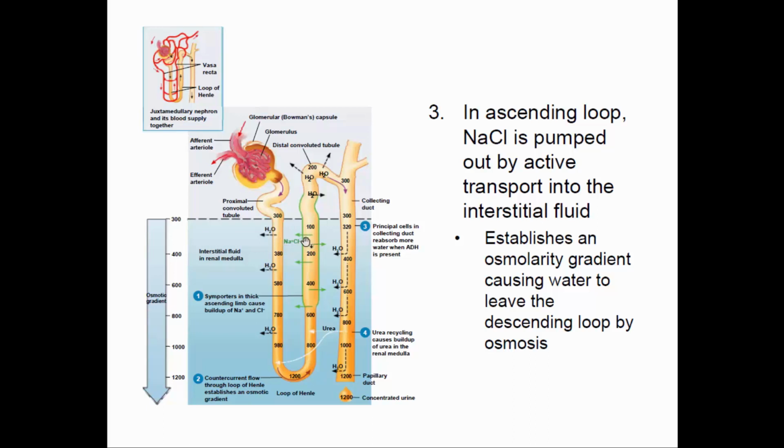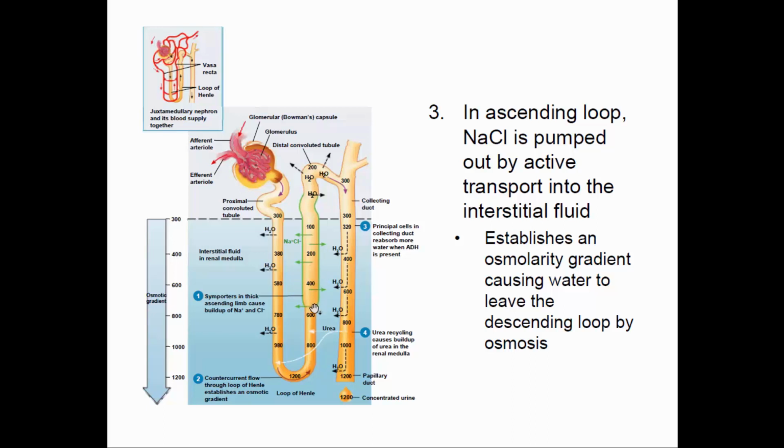Does that kind of make sense? So if we're pumping sodium chloride out right here, this is going to be all salty. This is going to draw the water out, and it's going to concentrate the urine. As we come back up, we hang on to the water, but we start pumping out the solutes, the sodium chloride.